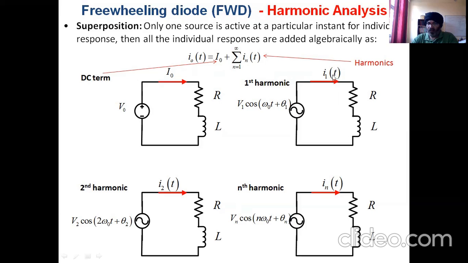We find out how this first harmonic excitation will behave in this RL circuit. And then we keep on calculating individual currents due to each individual harmonic present in this voltage or current, and then sum all these things up.